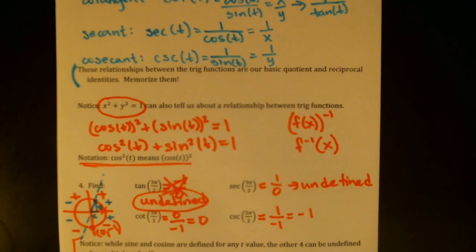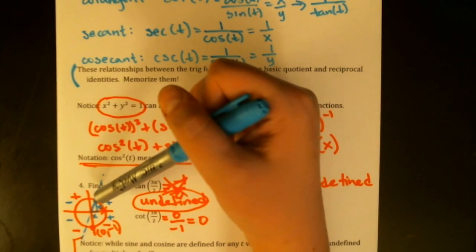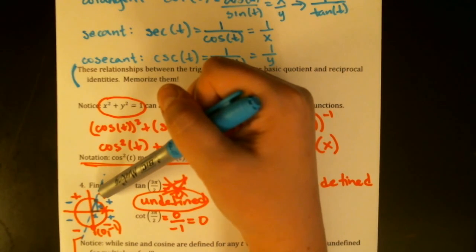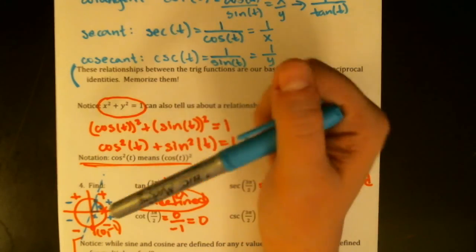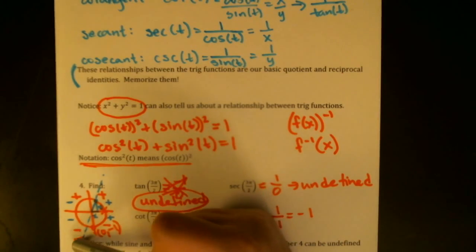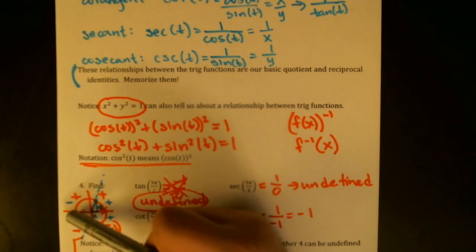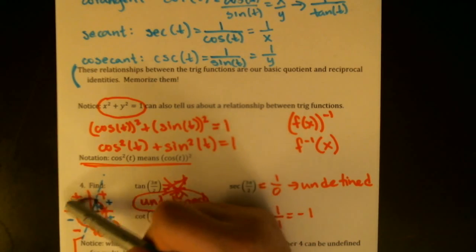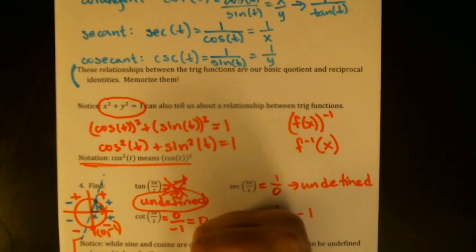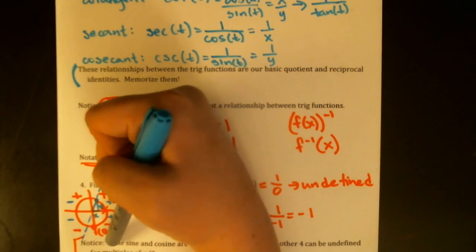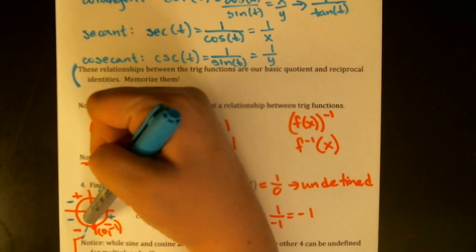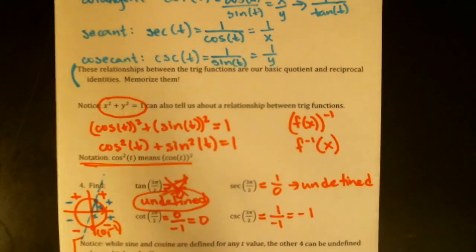So that's a really easy way to decide when it's positive or negative, but you could also say, if I take a positive and divide by a positive, I'm going to get a positive. But otherwise, if you're thinking about the slope visualization for tangent, slopes are positive in quadrant 1 and 3. So if your point is in quadrant 1 or 3, your line will have a positive slope. If your point is in quadrant 2 or 4, it will have a negative slope. So the line has to start at the origin and go through your point.